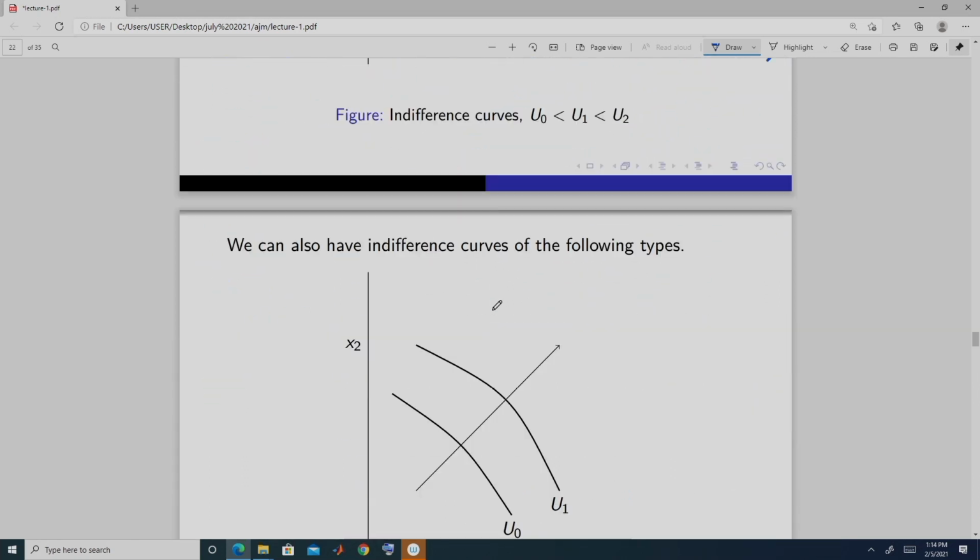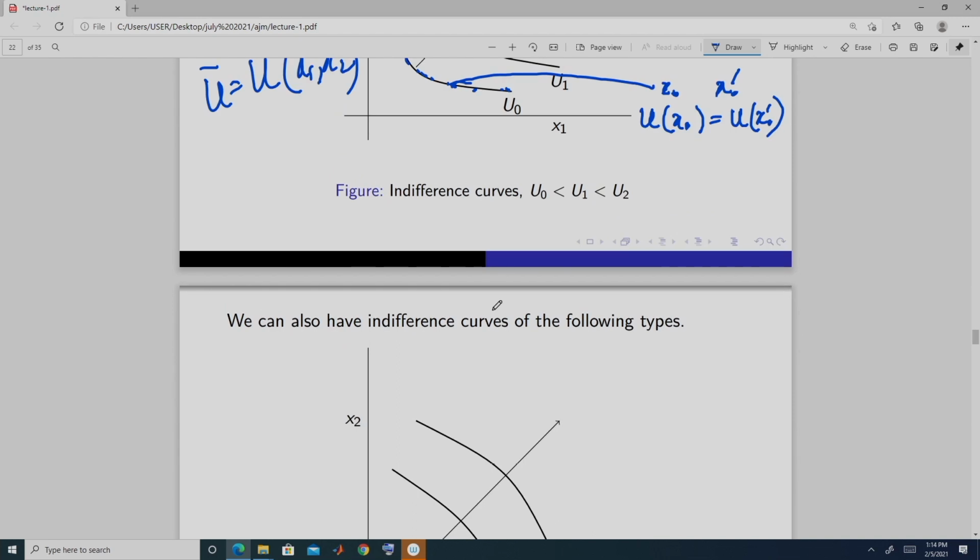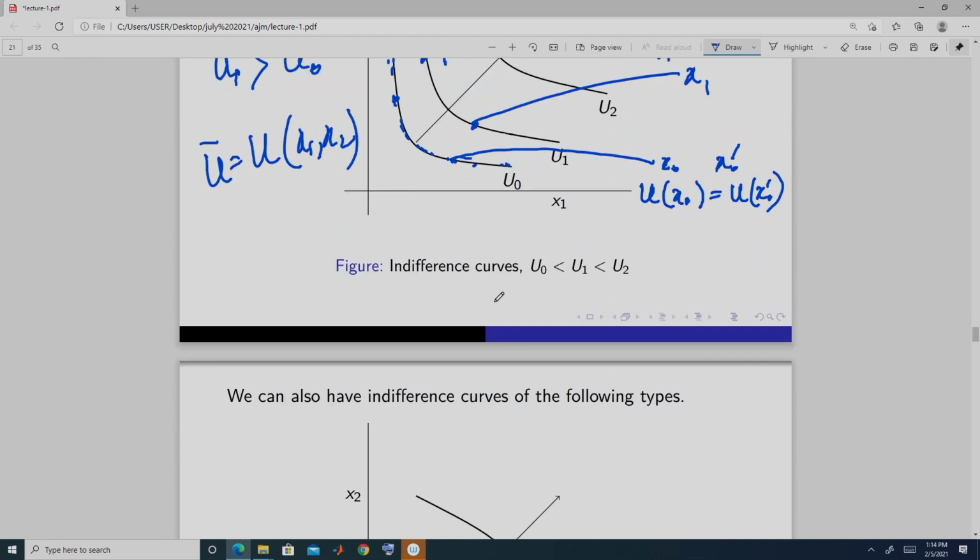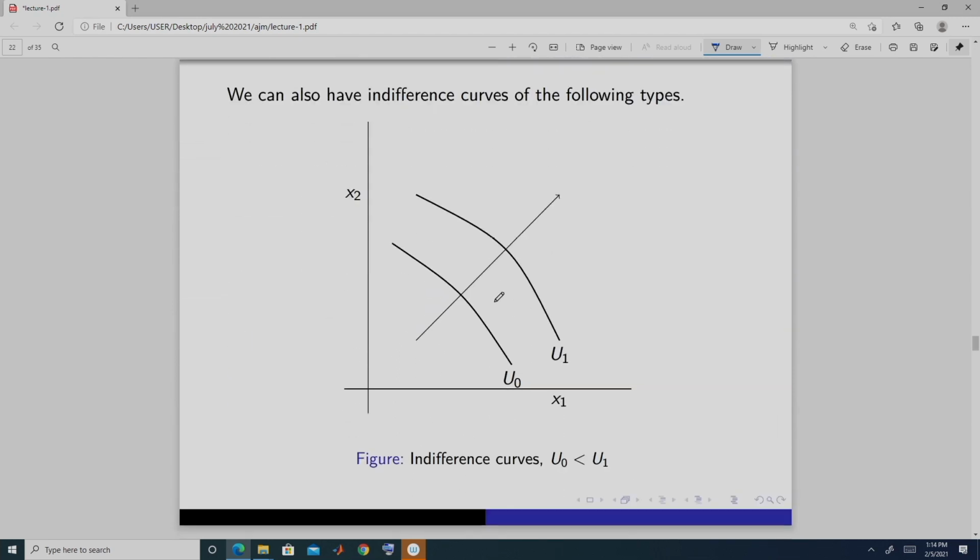Okay? But with the assumptions that we have made till now, we may have an indifference curve of this nature also, where utility is increasing. Suppose this is again u2, it is something like this, we may get this. Now, what is the problem of this kind of utility function?